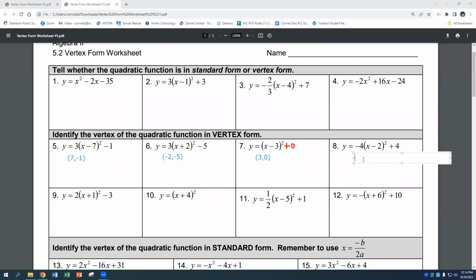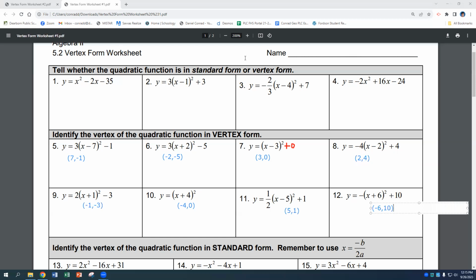Okay, and then over here is going to be 2 comma 4. Okay, and so on. This one is negative 1 comma negative 3. Okay, negative 4, 0. 5, 1. And then negative 6, 10.